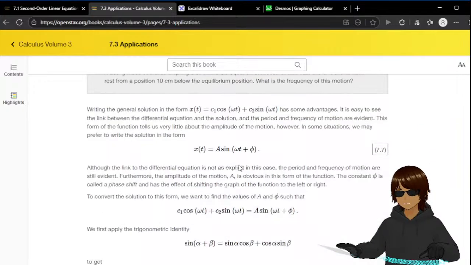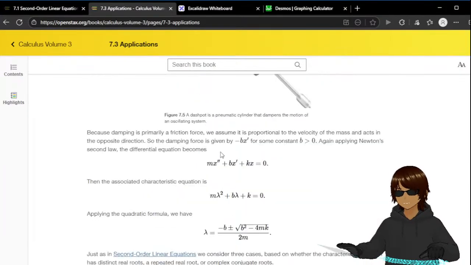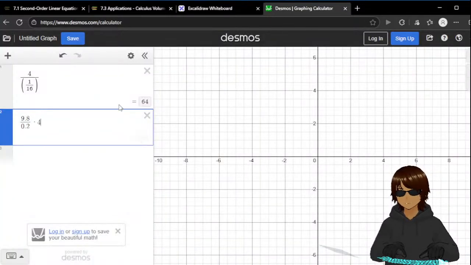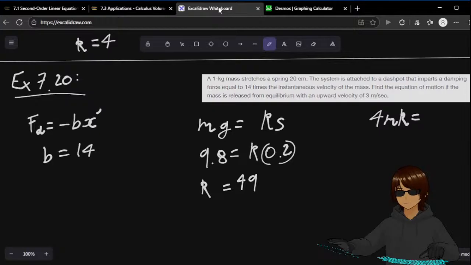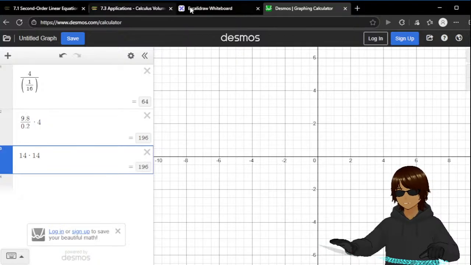Now, okay, then we have 4mk. 4mk is 49 times 4, which is 196. 14 squared is also 196.